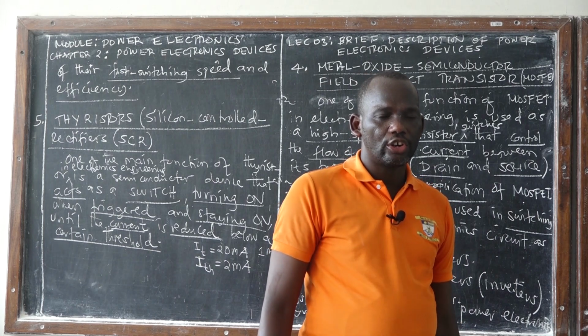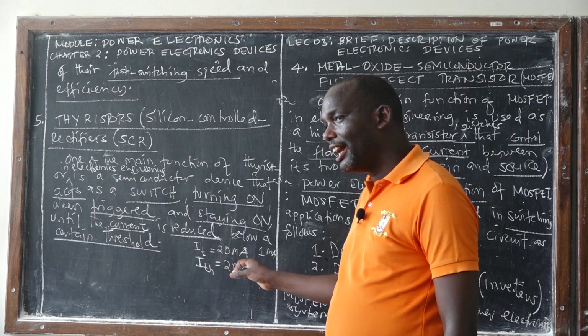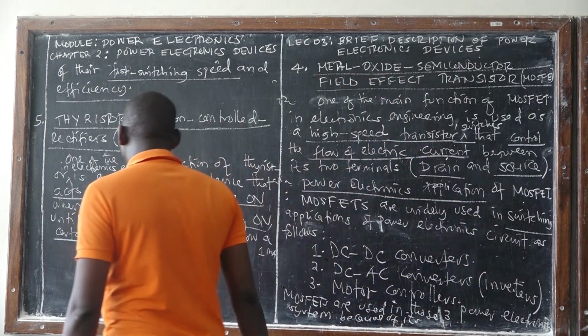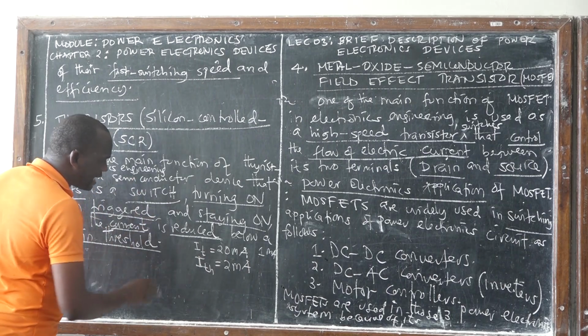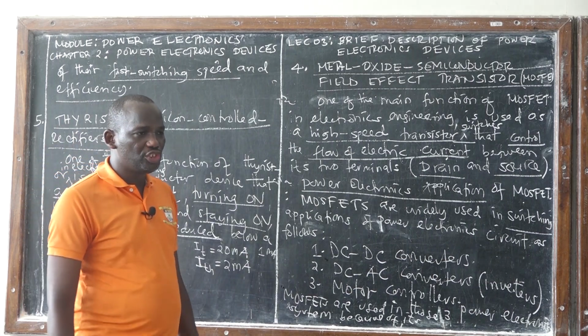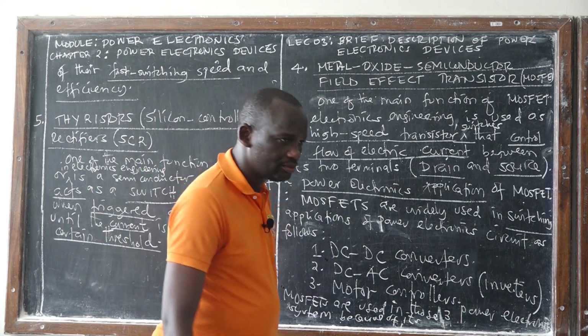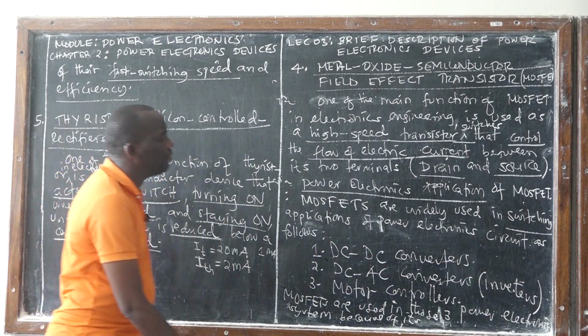Okay? Class, is it clear? Then the question is, if a thyristor has these peculiar characteristics, how do we use it in power electronics? So now: power electronics application of thyristor.